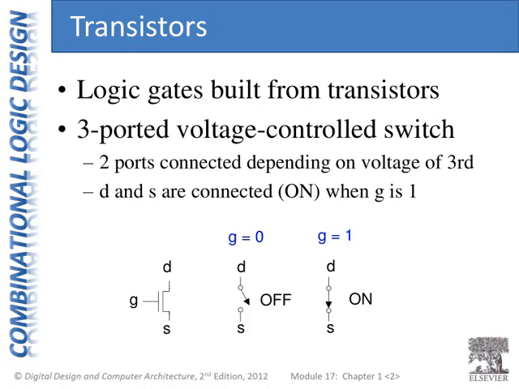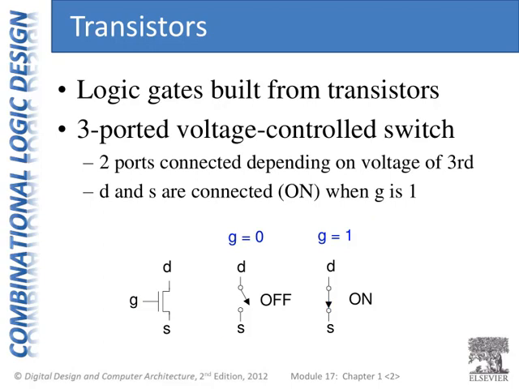If the voltage on the gate is 0, then the other two terminals are not connected. The switch is off. On the other hand, if the gate is 1, for example, 5 volts or 3.3 volts, whatever our high voltage is, then the other two terminals are connected, and the switch is called on.